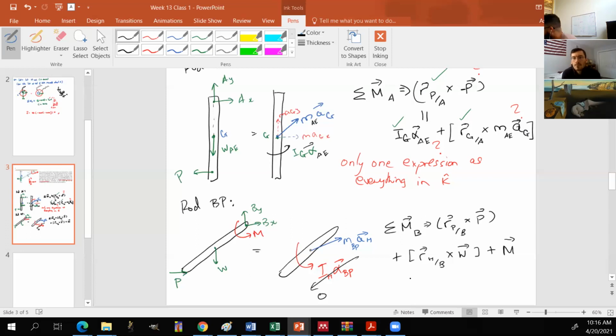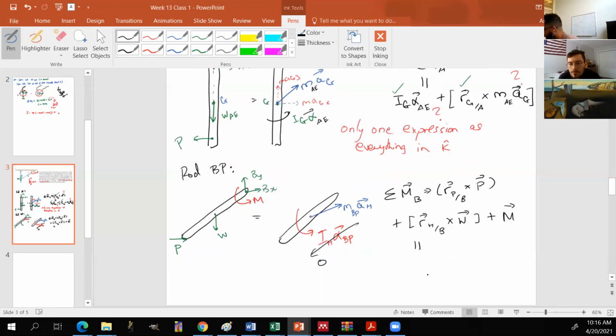And this is equal to, when I'm looking at the kinetic side of things, I just have one expression. It's just going to be r of H, this is point H, r of H relative to B crossed with the mass of BP times a_H.